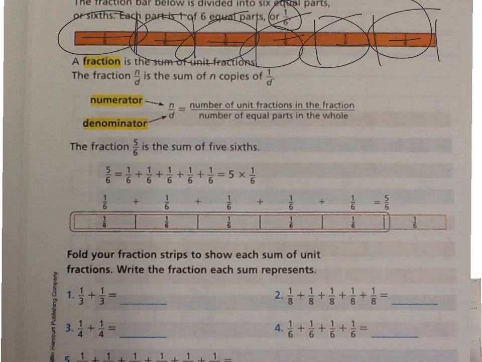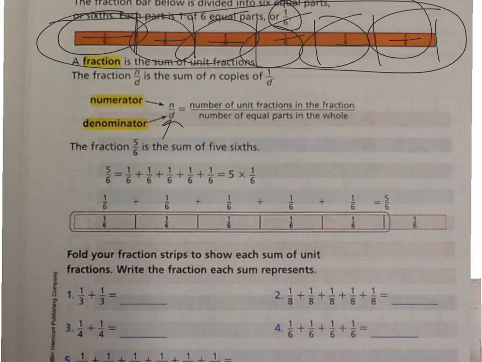Denominator is the number of equal parts in the whole. Okay, so this whole strip here is broken into 6, so that's why the denominator is 6. And we're talking 1/6 right now because the 1 is the number of unit fractions in the fraction. See, these are all 1/6. Each of these is 1/6. So they each are a unit fraction of the whole.